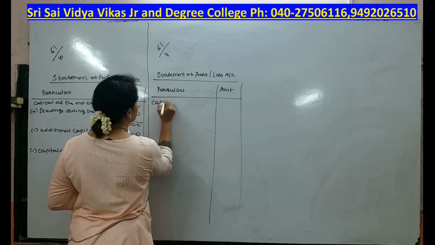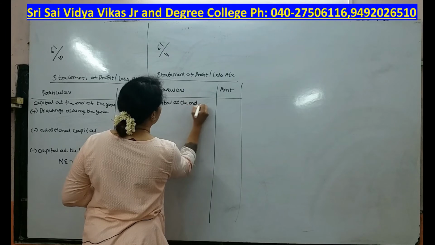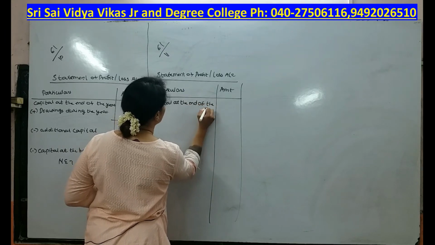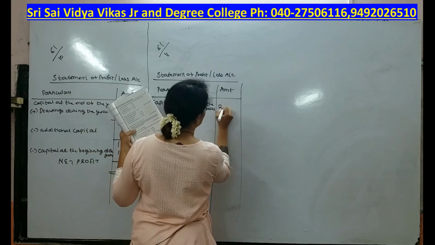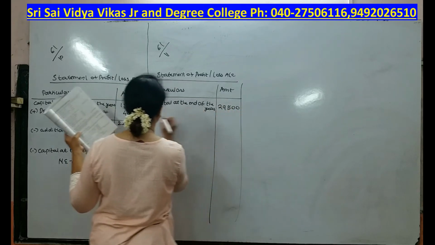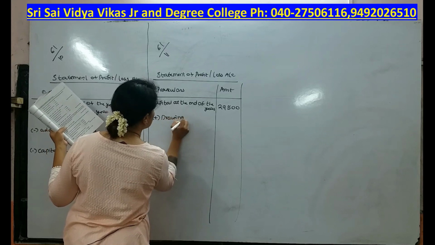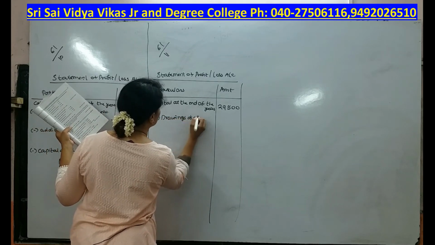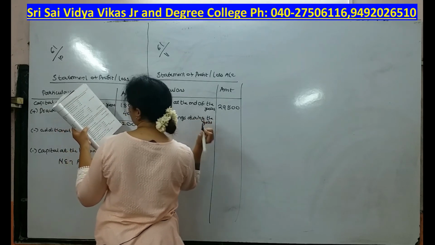First is capital at the end of the year. What is the capital at the end of the year? It was 29,500. Add drawings during the year. What is the drawing amount?